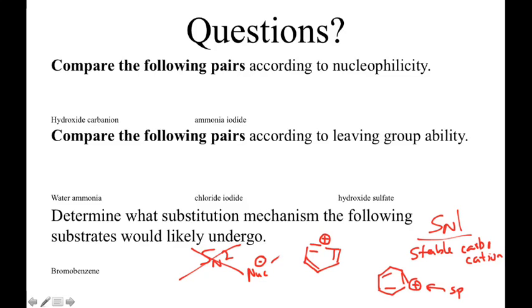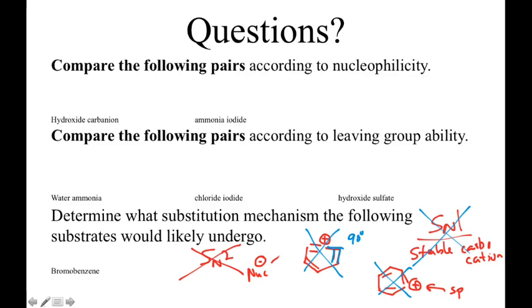That means the bond angle for this double bond would have to be 90 degrees, where it wants to be 120. It's too much of a bond angle crunch, not going to happen. What does that mean? This carbocation can't form. Well, if the carbocation can't form, what happens with our SN1 mechanism? Good call. Can't do the SN1 either.